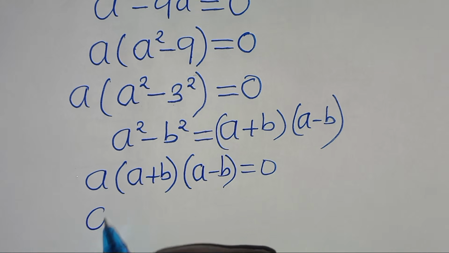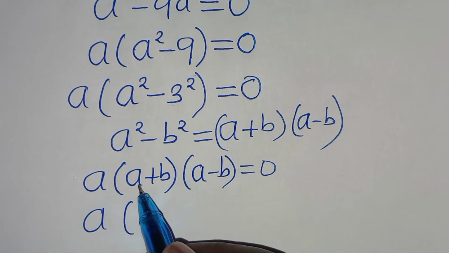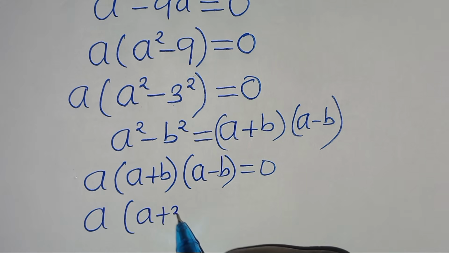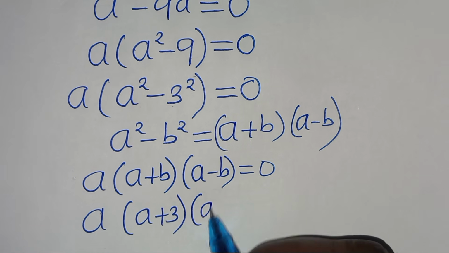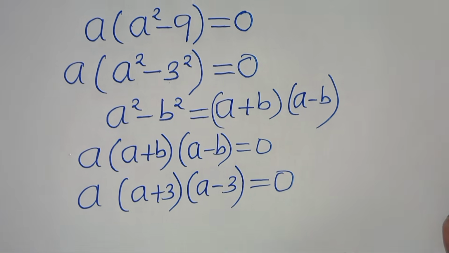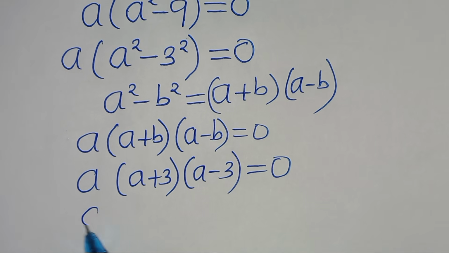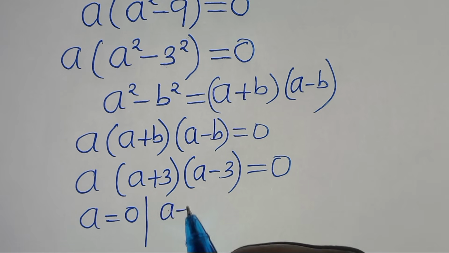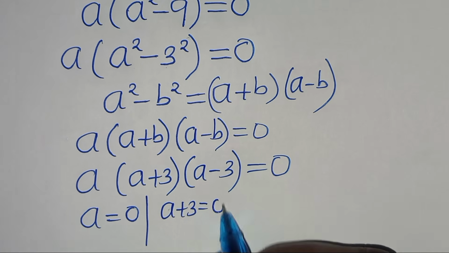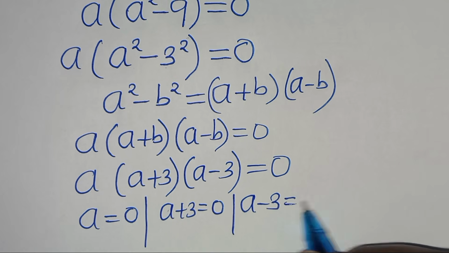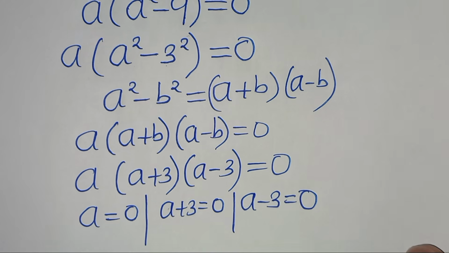So a into the parentheses a plus 3 multiplied by a minus 3 equal to 0. So we have that a is equal to 0, a plus 3 is equal to 0, and a minus 3 is equal to 0.